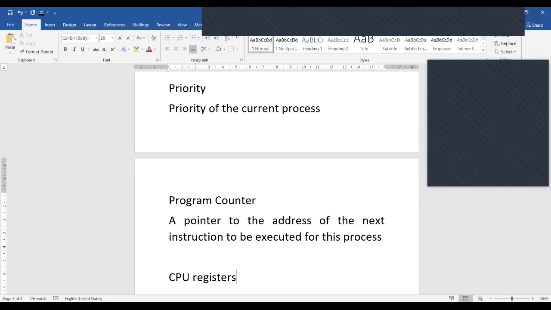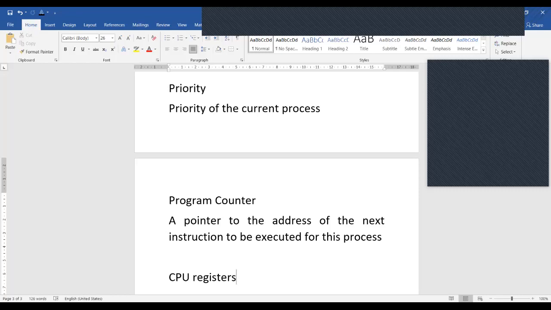The process with the topmost priority will be executed first, and the process with the next highest priority will be executed next. So priority is important so that a low priority process can be executed later, whereas a high priority process can be executed earlier. Okay, ma'am.